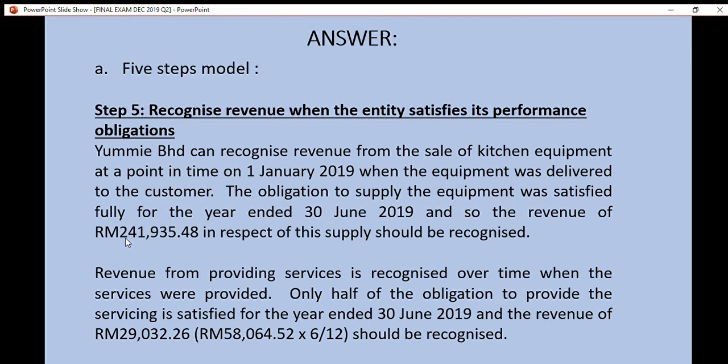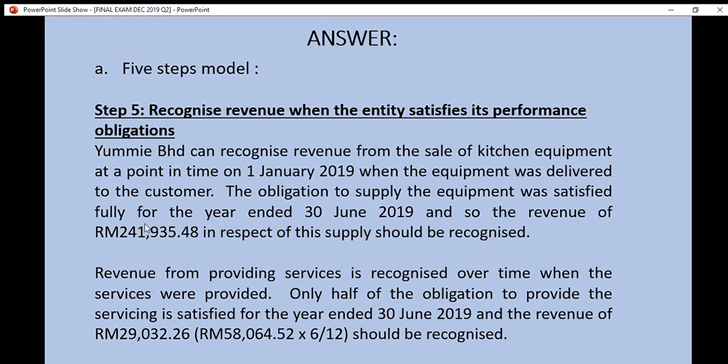So the revenue of 241,935 ringgit 0.48 in respect of the supply of equipment should be recognized.